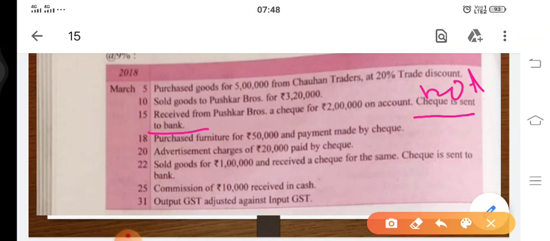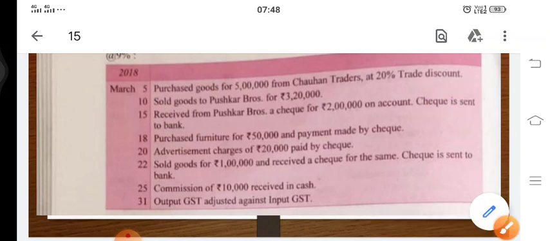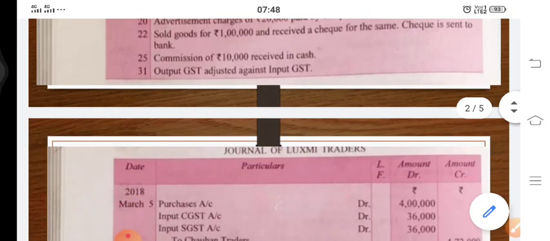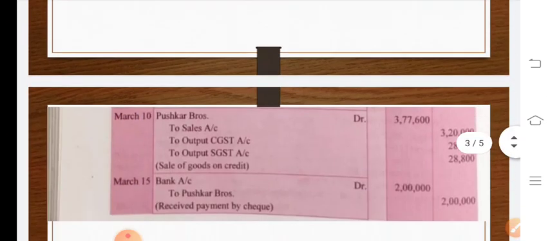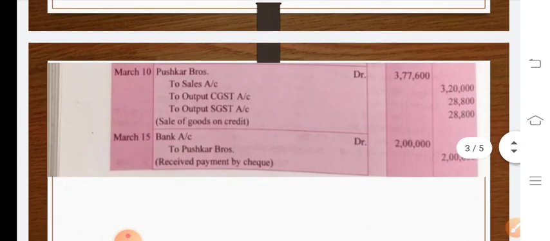But here since we have sent that cheque to bank, that means bank got the amount and bank will be debited. So let's check the entry. As bank got the amount, bank got debited, and this amount is given by Pushkar Brothers, so they must be credited. Let's check the entry. Here we go.